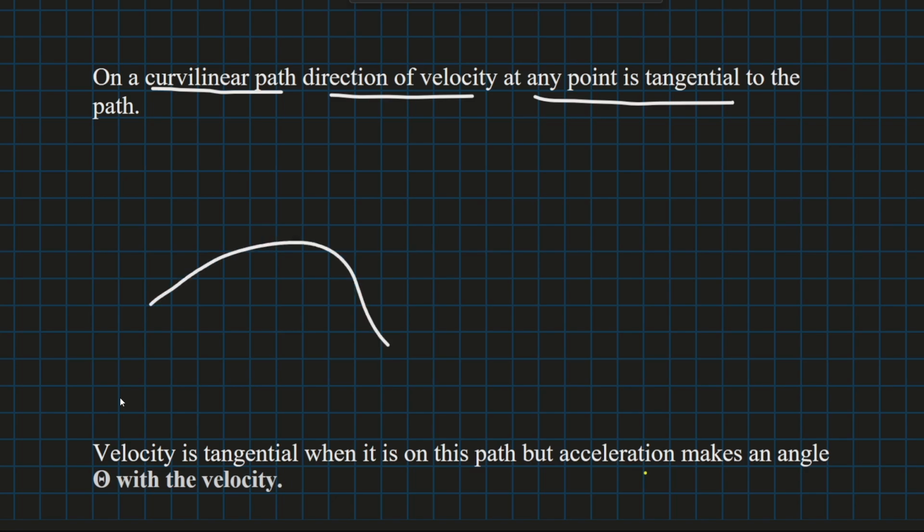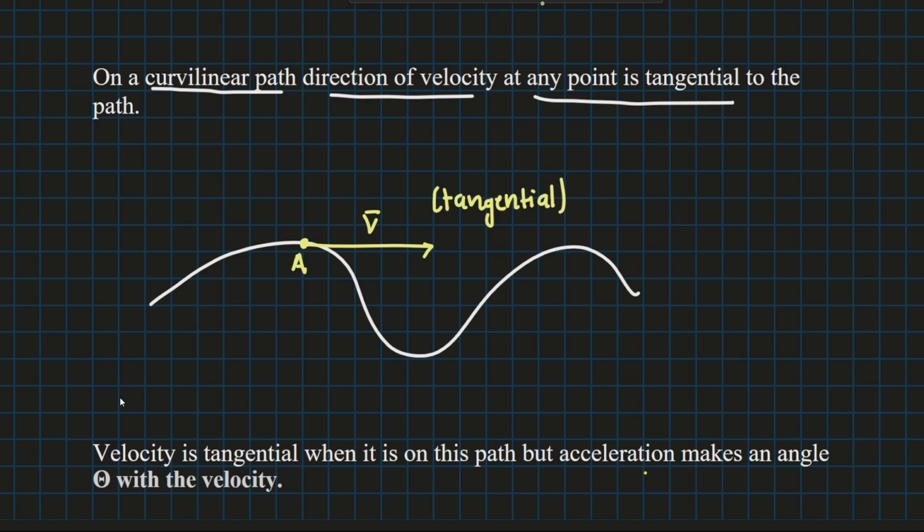See, for an example, this is a curvilinear path, and the thing that the statement states is that if we take some point A, the direction of velocity is always tangential to the path, while the direction of acceleration makes an angle theta with the velocity, which means if this is velocity, then this would be the acceleration, which makes an angle theta with the velocity.